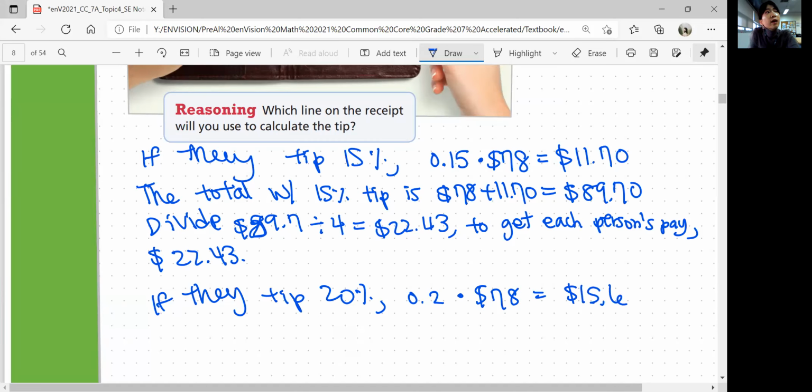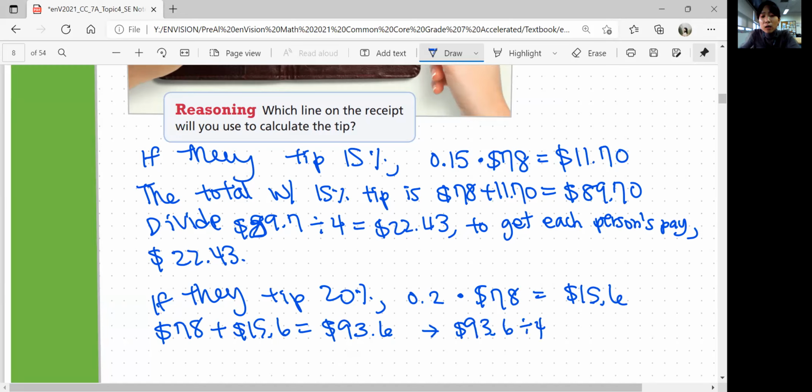Okay, and then you add 78 plus 15.6 to get $93.6. Okay, and then divide 93.6 by 4 to get how much they pay per person, because they're going to share it equally, which is 23.4.